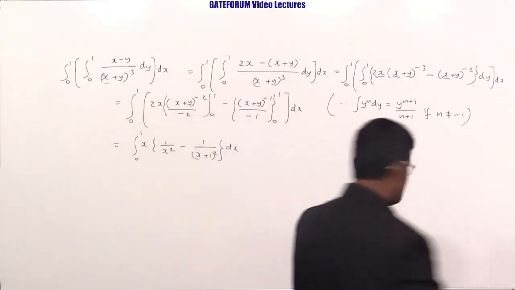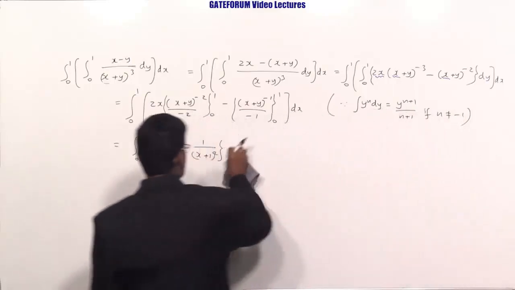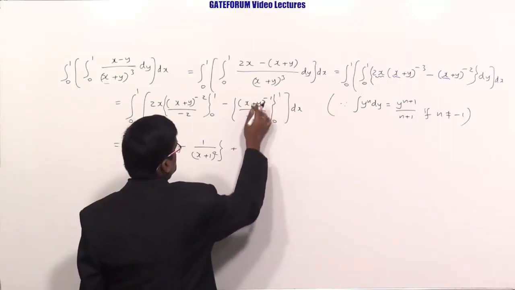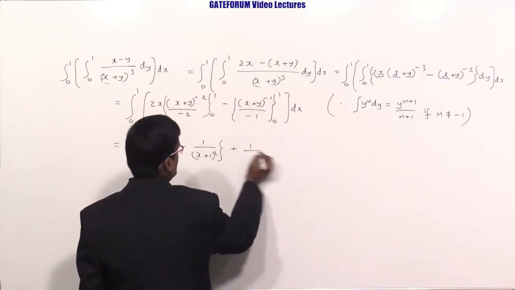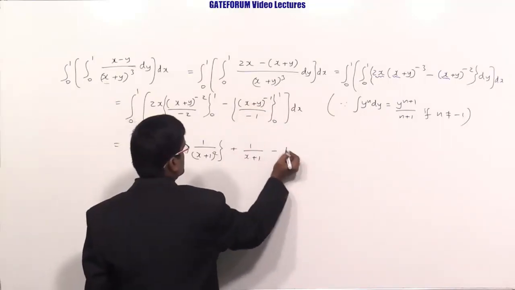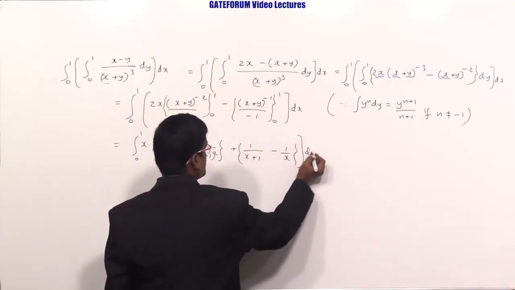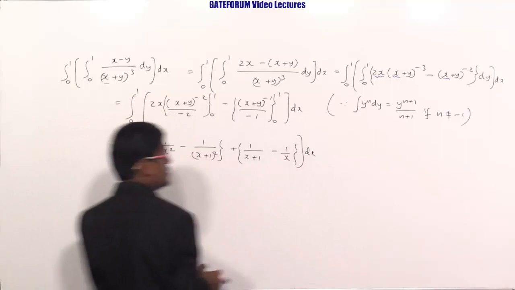There is another term here, minus by minus plus, first put 1, that is 1 by (x plus 1) minus 1 by x. All these terms are with respect to x finally.